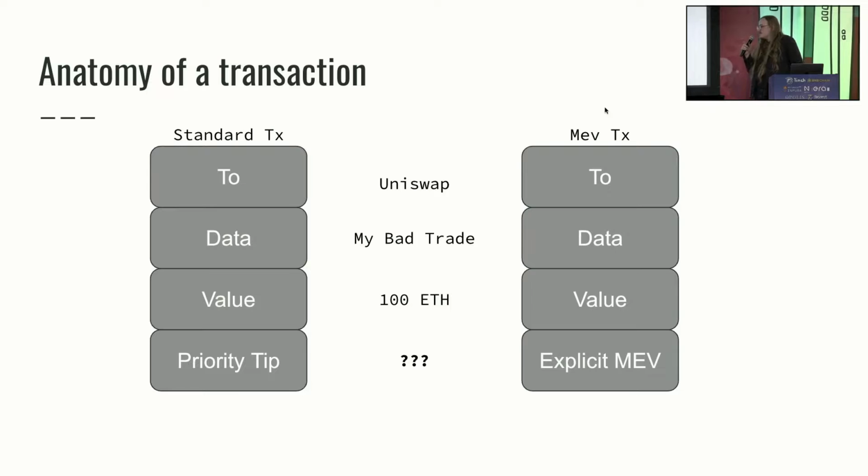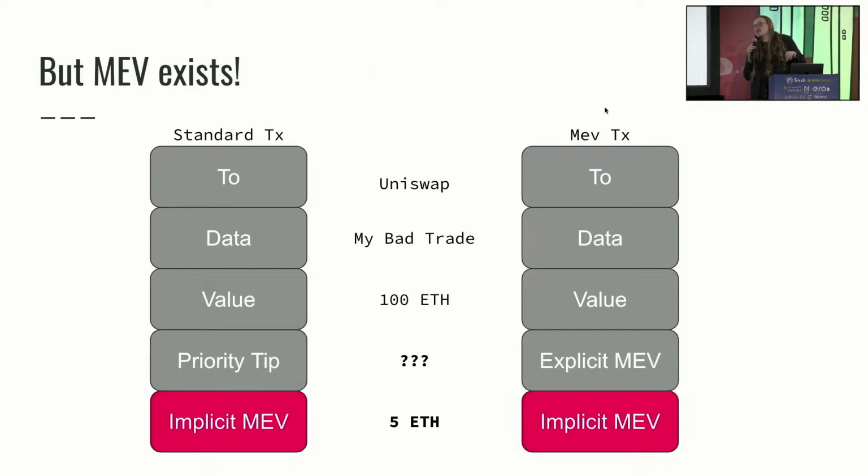So a normal ETH transaction looks kind of like this. There's a to, data, and value, so like to Uniswap with my bad trade and 100 ETH. And an MEV transaction's exactly the same thing, but instead of a tip that goes to the block proposer, we add some MEV. We sprinkle a little extra MEV on it. Every transaction implicitly creates MEV somehow, and that's attached to the transaction whether you like it or not.